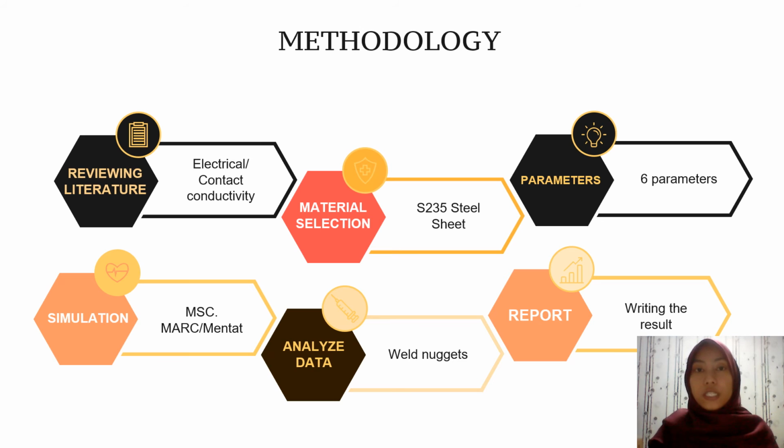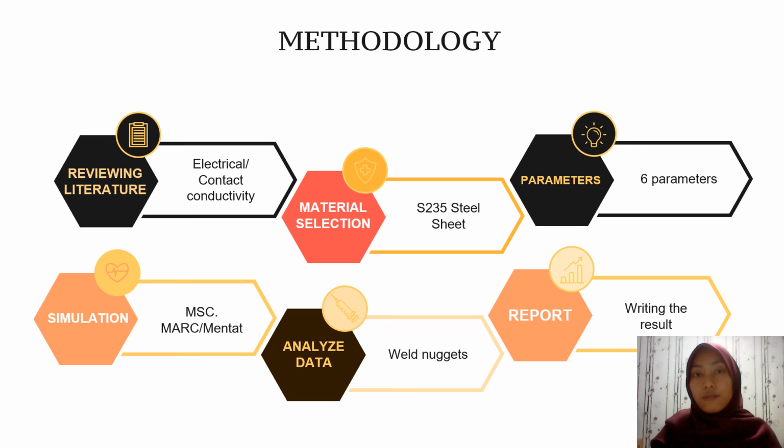For the methodology, there are 7 steps altogether used to complete this research. The first is the aim, which is to study the electrical and thermal conductivity of S235 steel sheet in spot welding. The second is reviewing the literature to get a better understanding of electrical and thermal conductivity. The third is the selection of material.